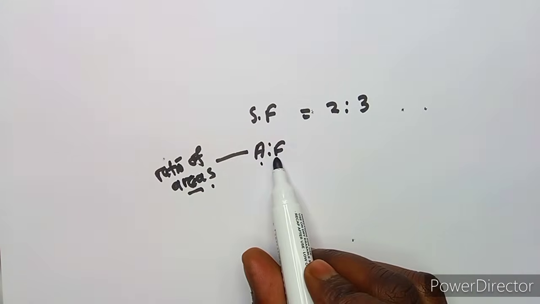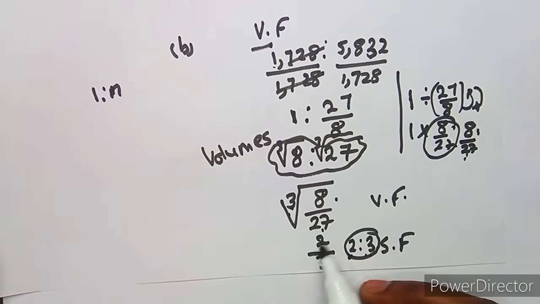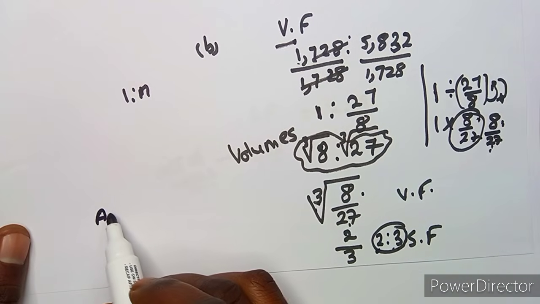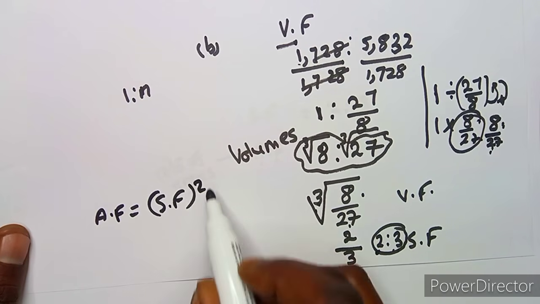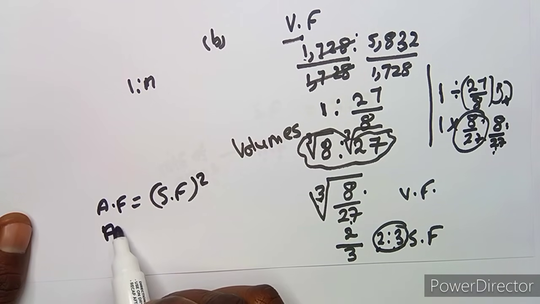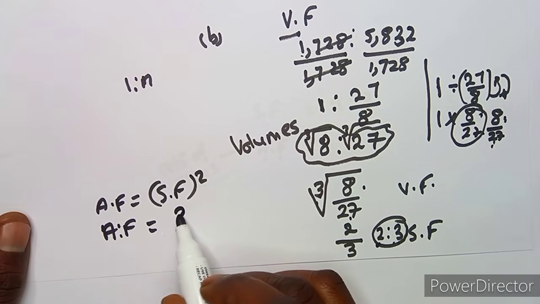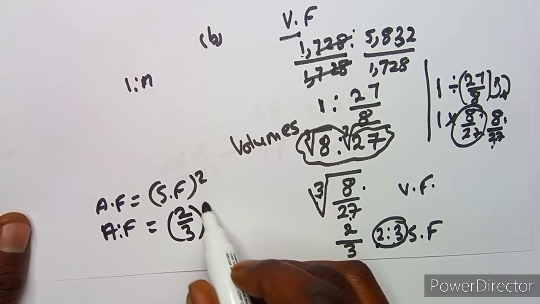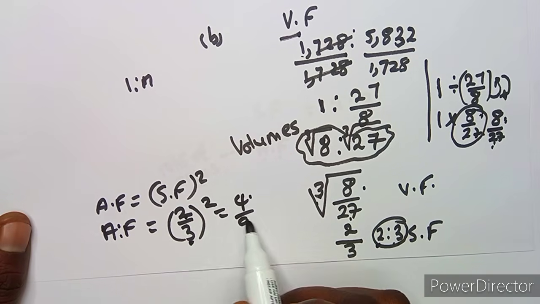To find it, you simply square the scale factor. So the area factor is 2/3 squared, which gives us 4/9. 2 squared is 4, 3 squared is 9.